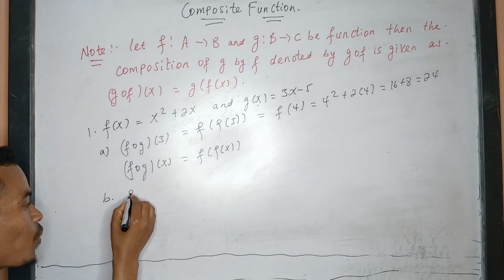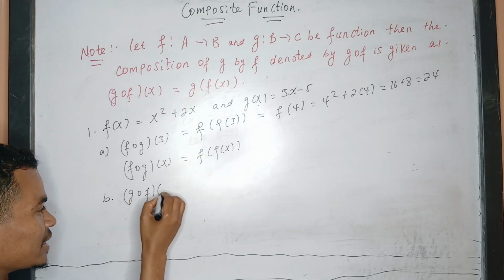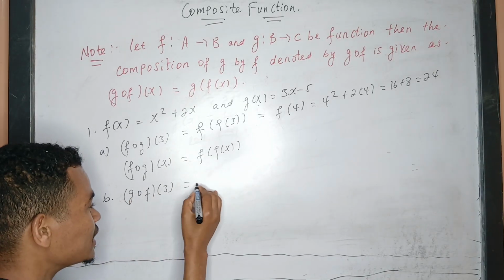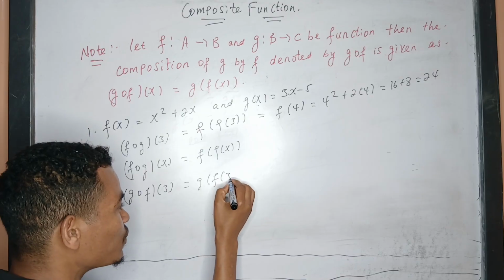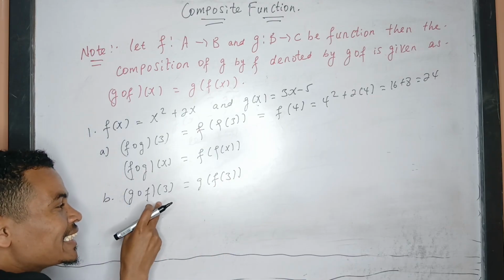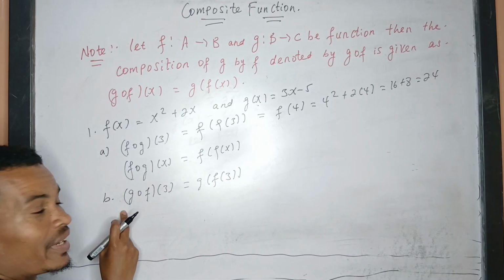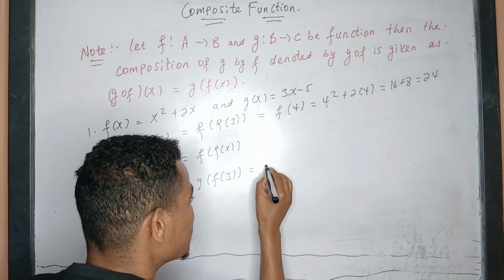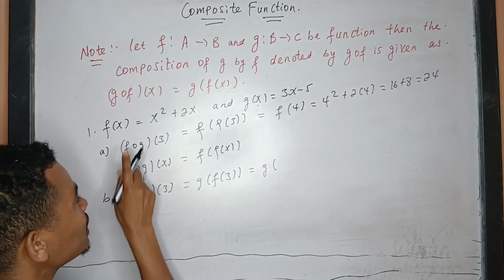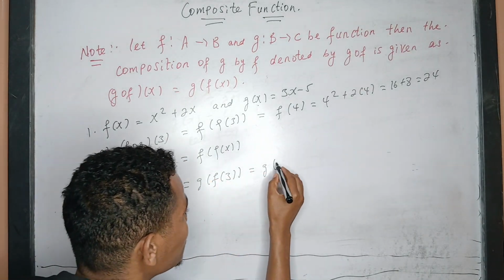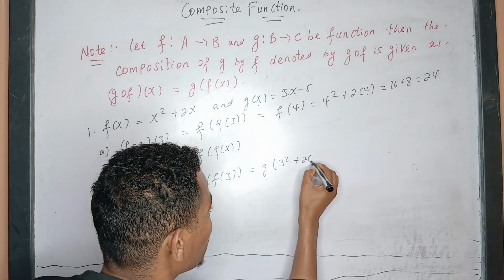For part b, (g∘f)(3) is the same as g(f(3)), or inserting the function f(x) into the function g. This means substituting 3 here: 3 squared plus 2 times 3.